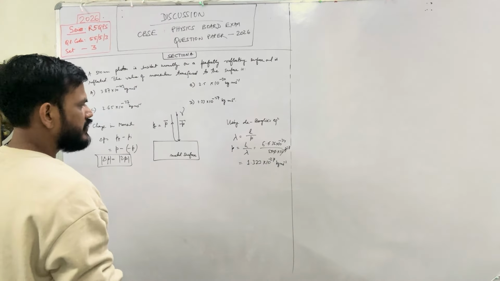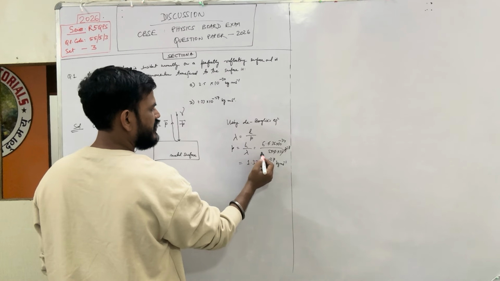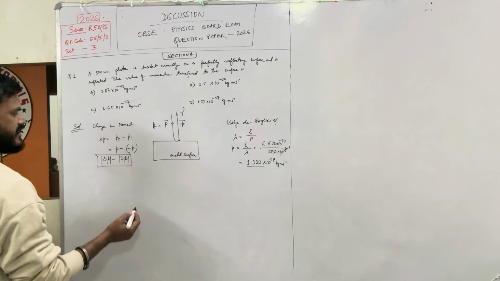So we find out the momentum. Using the de Broglie equation, lambda equal to h by p, if we solve, we get 1.323 into 10 power minus 27.